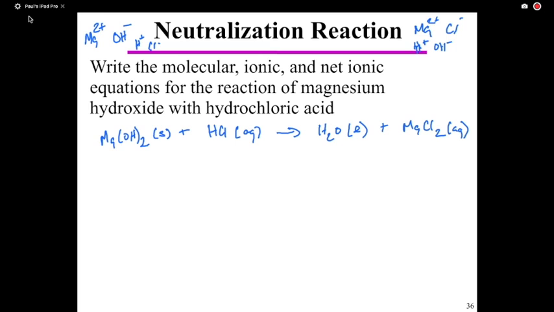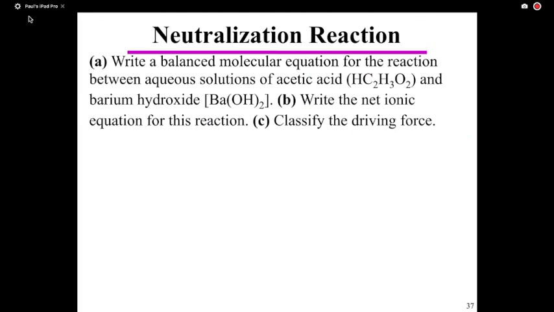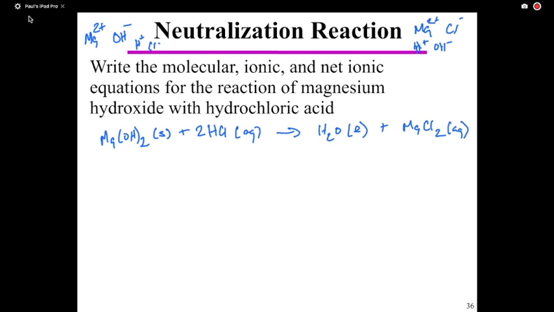All right. Is this balanced? No. What do I have over here? I have 2 chlorines, right? So I'm going to put a 2 in front of this to get 2 chlorines. All right, so I got 2 chlorines, 2 chlorines. That's cool. And now I have 1 magnesium, 1 magnesium. That seems okay.